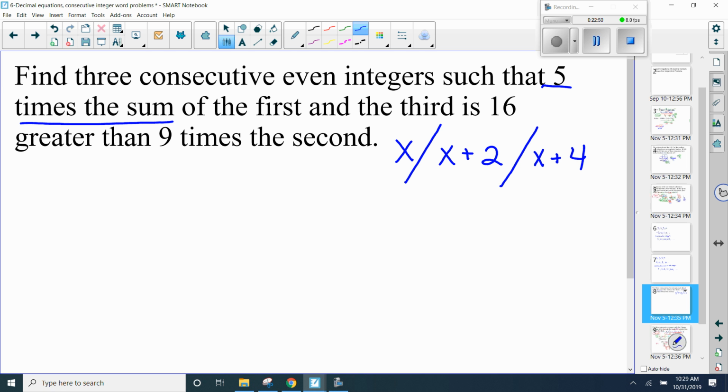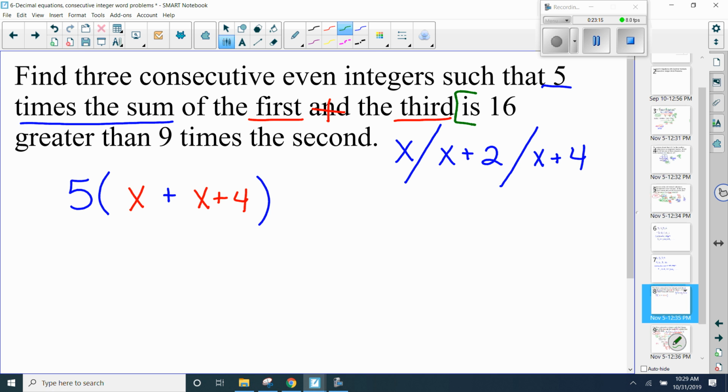times the sum. So I have 5 times the sum of what? The first and the third. So your first is x, the third is x plus 4. First, second, third.